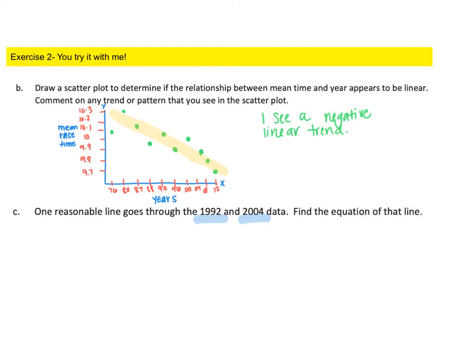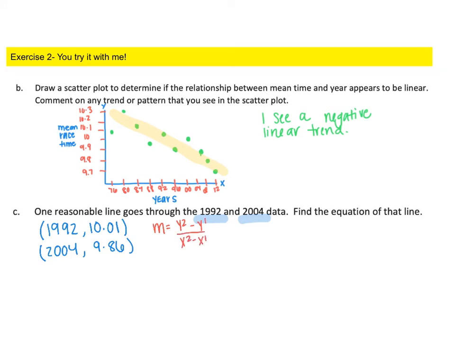Well, I'm going to write down our 1992 and 2004 data really quickly. So these are the two data points. For 1992, the race was 10.01 average seconds, and for 2004 it was 9.86. What we're going to do is find our line. We start by first finding our m, which is y2 minus y1 over x2 minus x1.